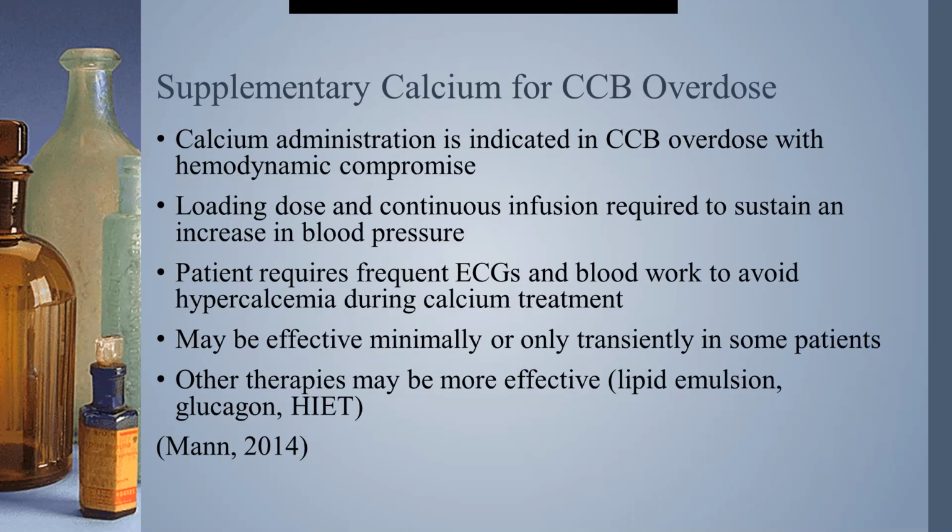Patients will require frequent ECGs and serial blood work to avoid hypercalcemia during this calcium treatment. Calcium may be effective minimally or only transiently in some patients. Other therapies may be more effective in this case, such as lipid emulsion, glucagon, and HIET, which will be discussed shortly.